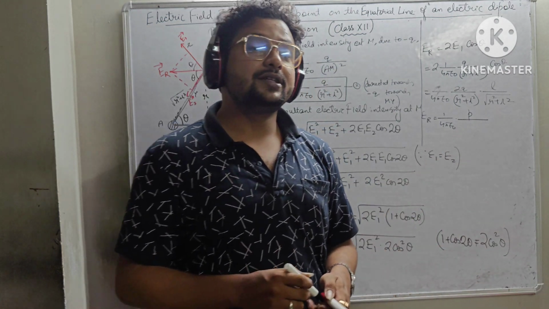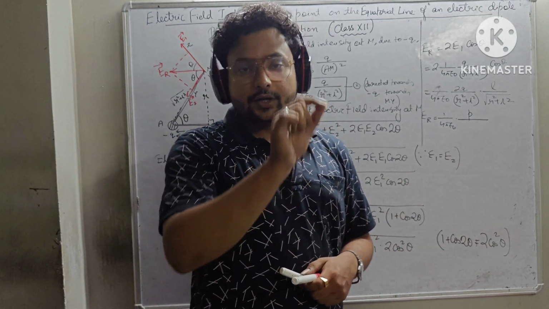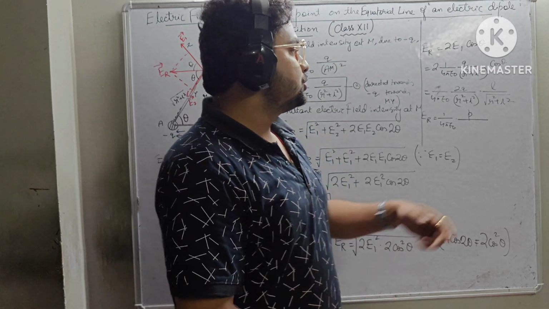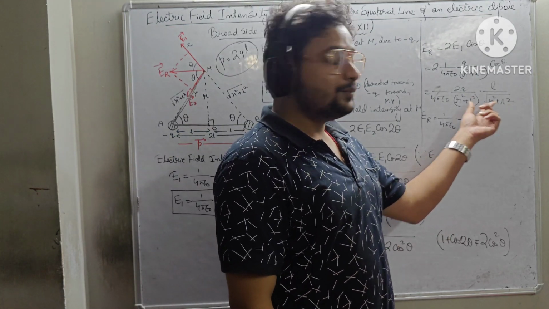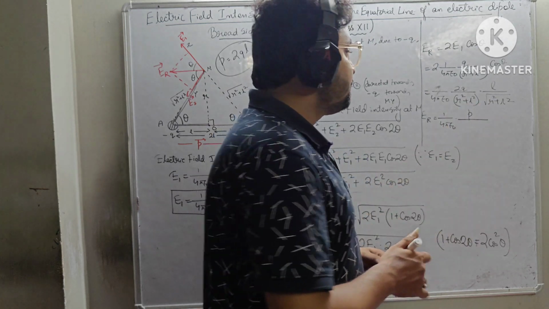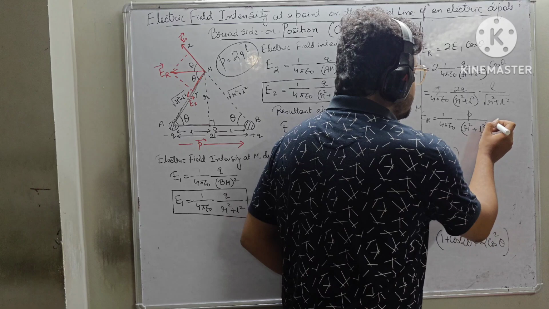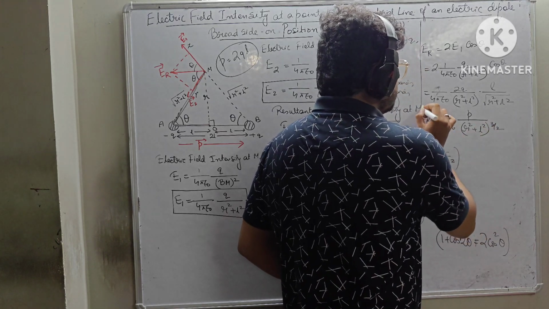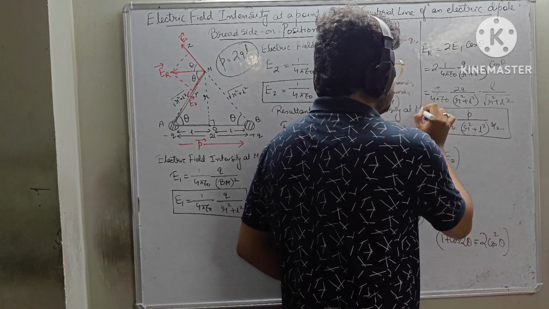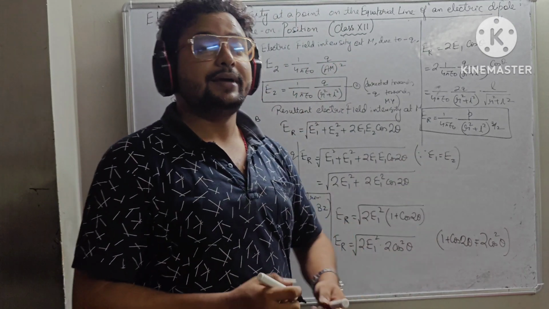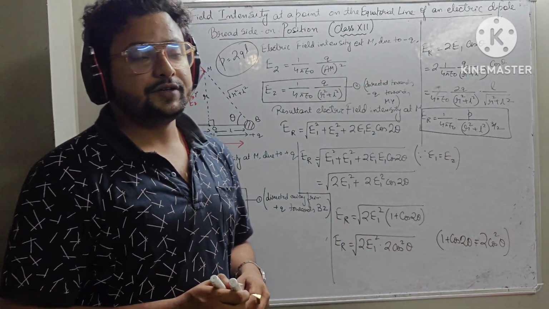Root over R square plus L square means R square plus L square to the power half. Okay. So R square plus L square to the power half multiplied by R square plus L square, you are going to get R square plus L square to the power 3 by 2. So this is the magnitude of the resultant electric field intensity.